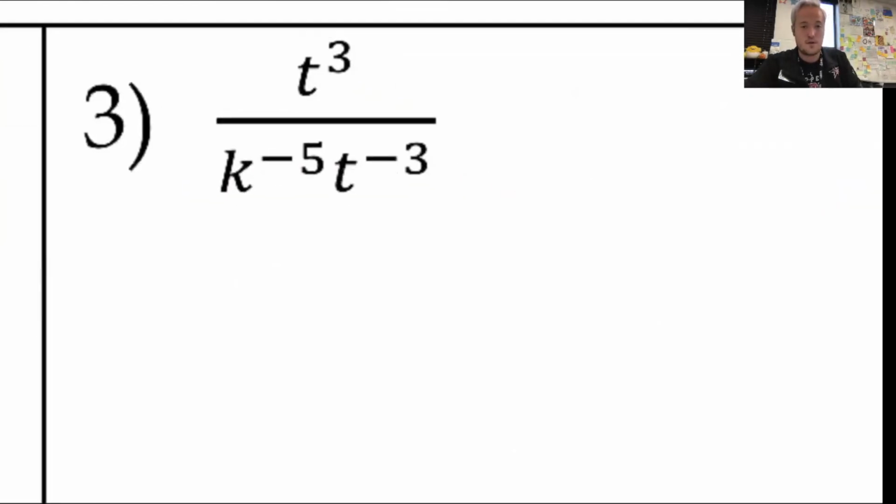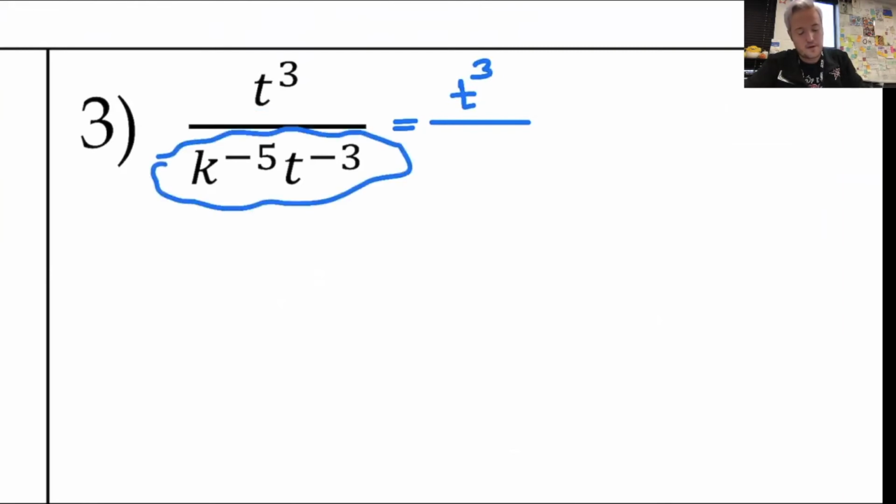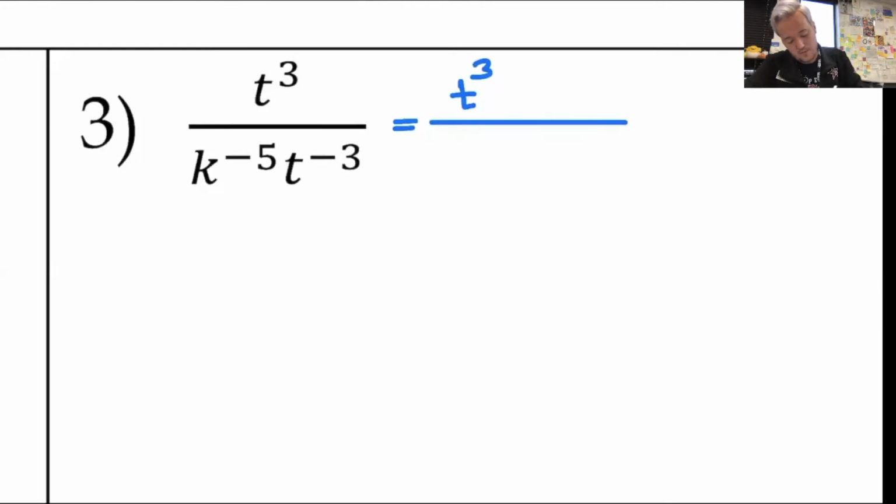All right, so looking at number 3. We have negative exponents here. So I'm actually going to get rid of all those first. In the numerator, we have t cubed. That's a positive exponent, so it's not going to move. However, both of the denominator values have negative exponents. So both of those are actually going to move to the top.